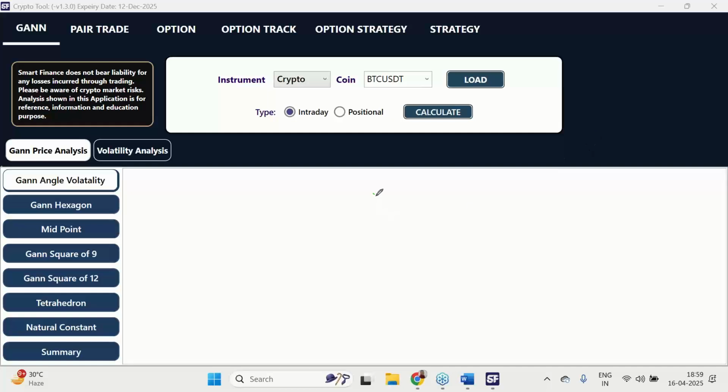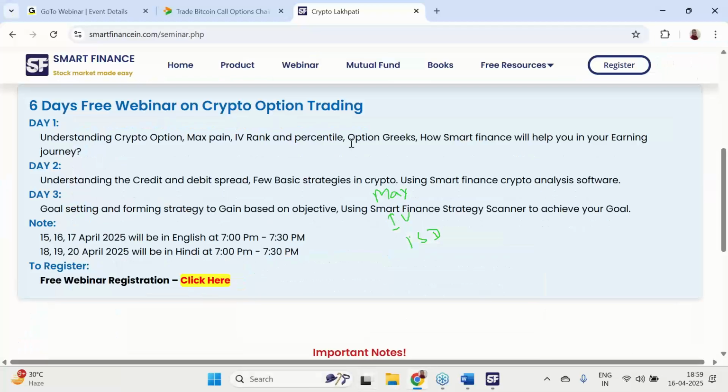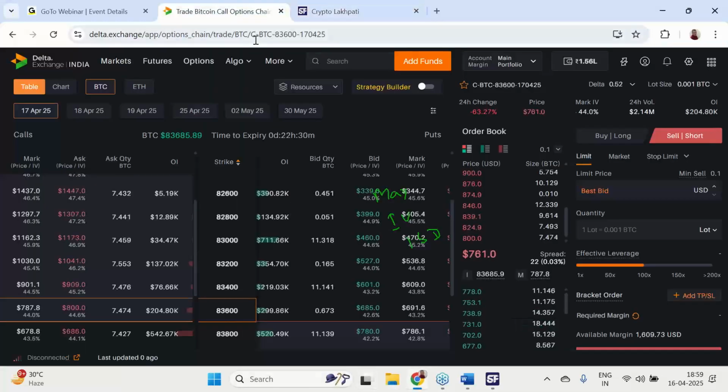Many advanced data points like max pain, IV percentile, and standard deviation behavior, 1SD and 2SD behaviors. All these data points, which are required for successful option strategy trading, are being given by these platforms freely.